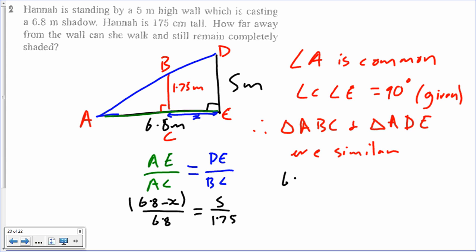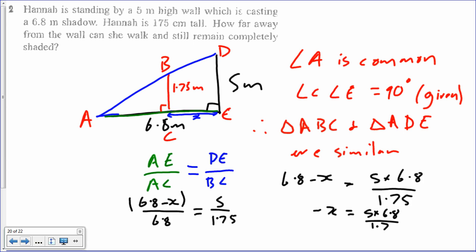So then we have 6.8 take x equals 5 times 6.8 over 1.75. So negative x equals 5 times 6.8 over 1.75, take away 6.8, and x is going to be equal to 4.42 meters.